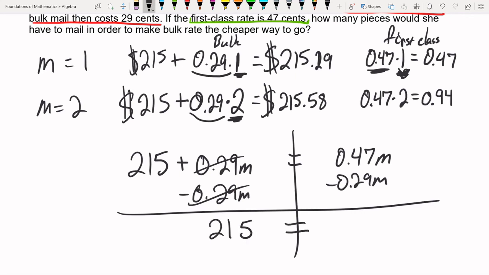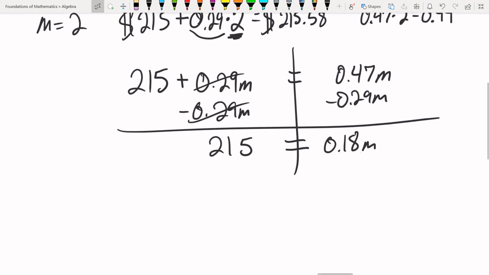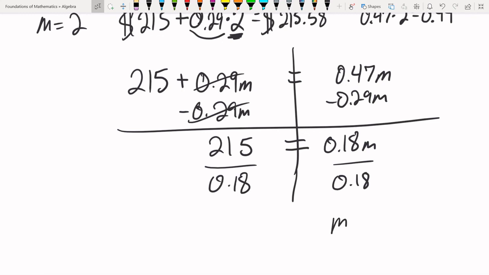And it's going to be 0.18m equals 215. And now you see all I have to do is divide by 0.18. That gives me the even point where they're both the same.